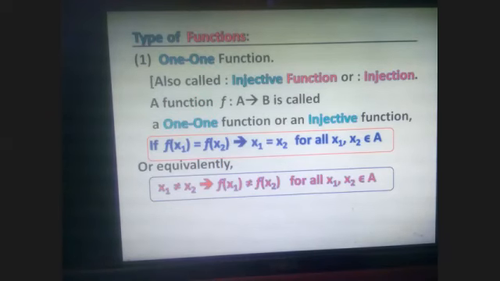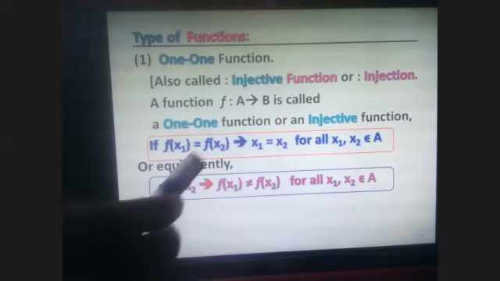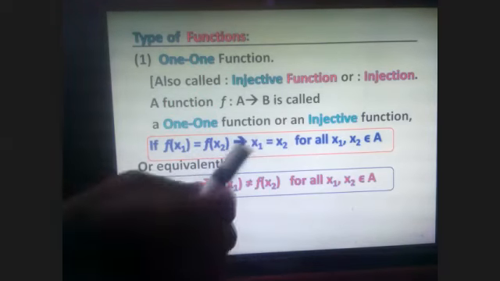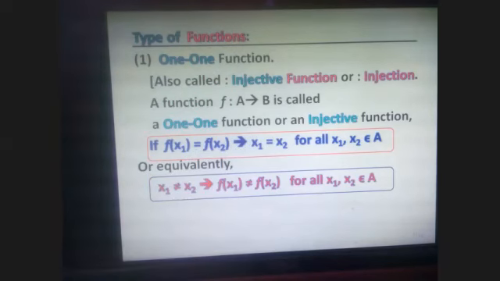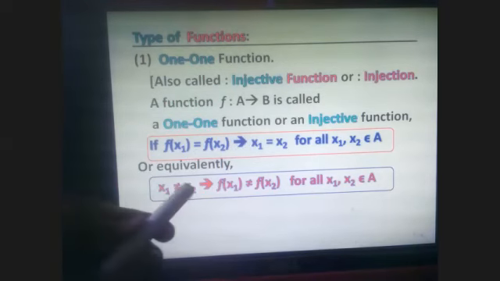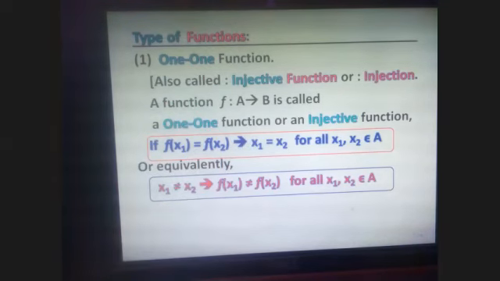If you have distinct x1 and x2, then their images also must be distinct. If x1 and x2 are different, but f(x1) and f(x2) are equal, then it is not one-to-one.